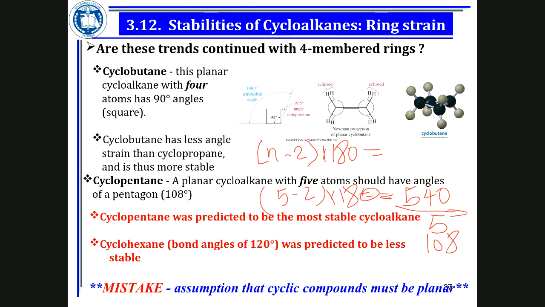So is cyclopentane more stable than cyclobutane? Yes. And why is it more stable? Because the pressure on cyclopentane is only by 1 degree.